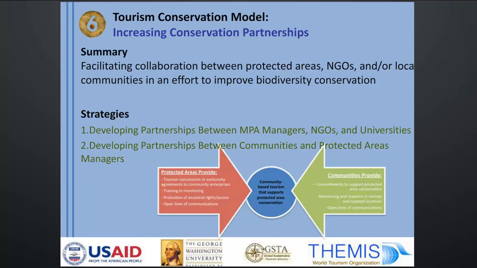And it really explores the various roles that these organizations and institutions, scientific NGOs, protected areas, communities, and the visitors themselves all play in developing these tourism conservation strategies that align these interests.